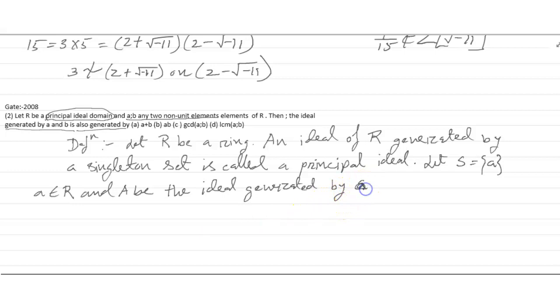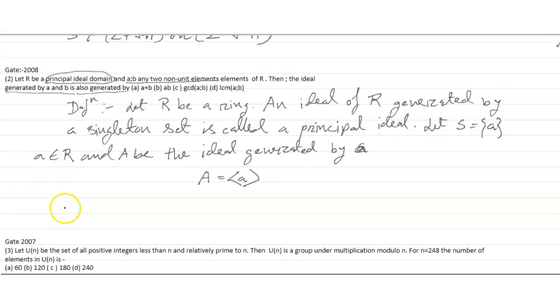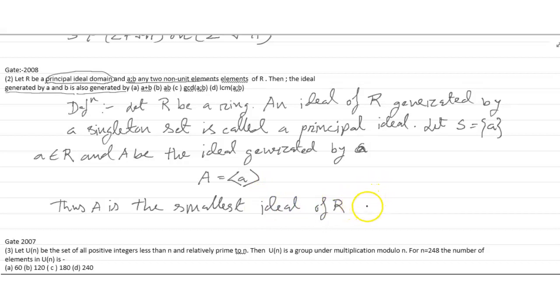So A is the notation this way. Thus A is the smallest ideal of R containing a. So friends, this is the definition of the principal ideal.